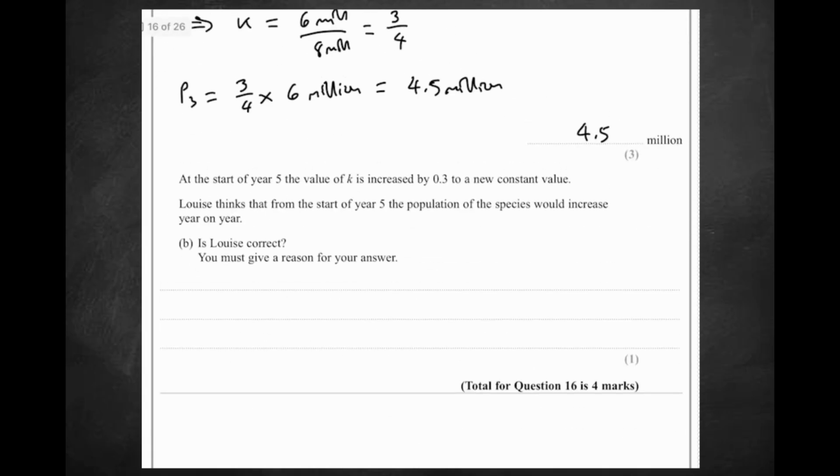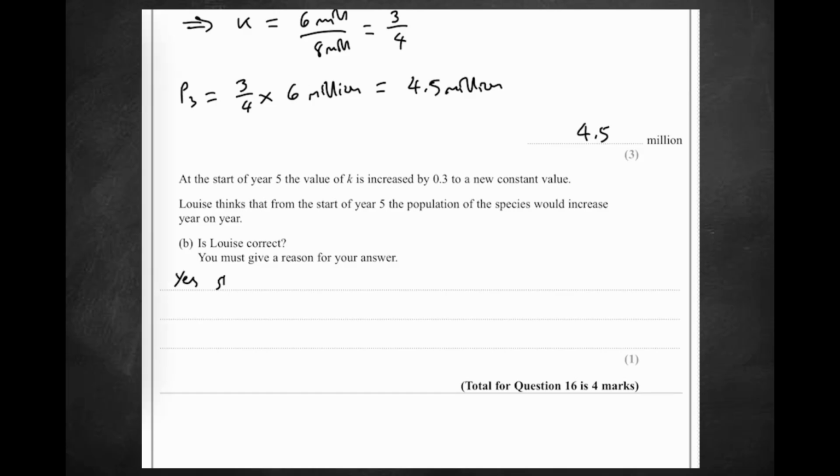Part B. At the start of year 5, the value of K is increased by 0.3 to a new constant value. Louise thinks that from the start of year 5, the population of the species would increase year on year. Is Louise correct? You must give a reason for your answer. She absolutely is.